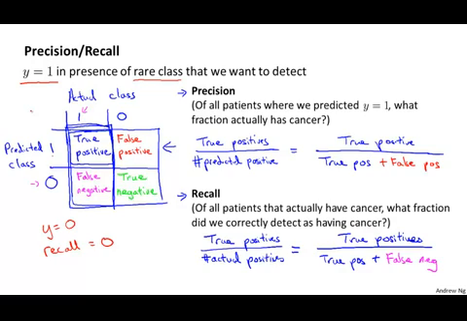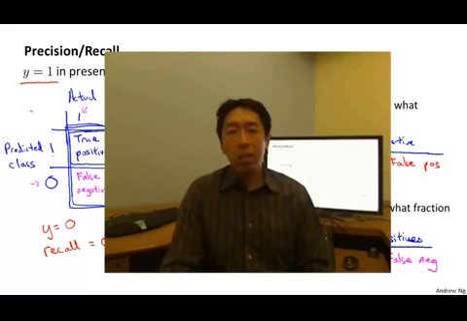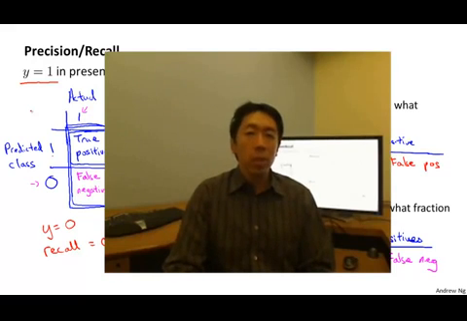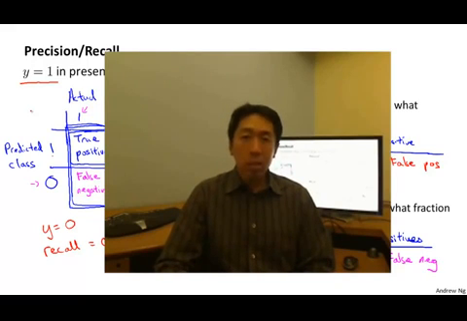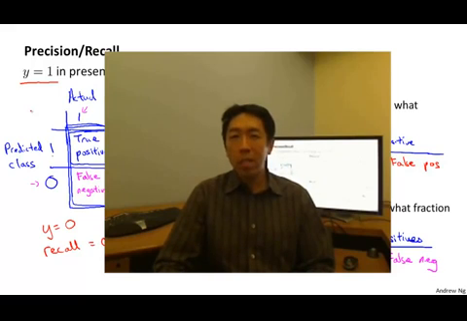By using precision and recall, even if we have very skewed classes, it's not possible for an algorithm to, quote, cheat and predict y equals 1 all the time or y equals 0 all the time and get high precision and recall. In particular, if a classifier is getting high precision and high recall, then we're confident that the algorithm has to be doing well even if we have very skewed classes.